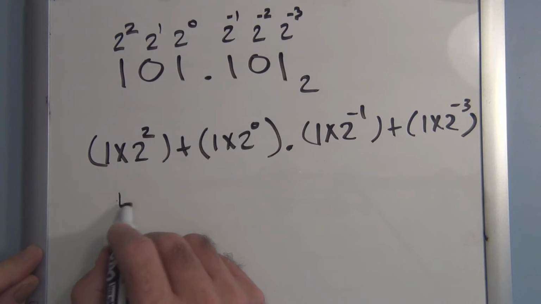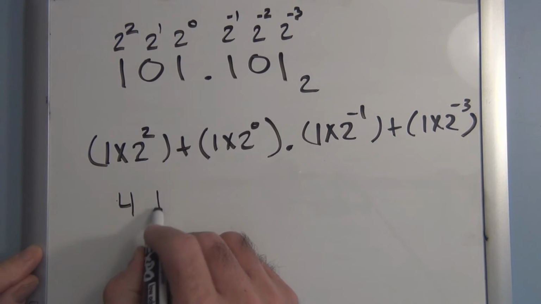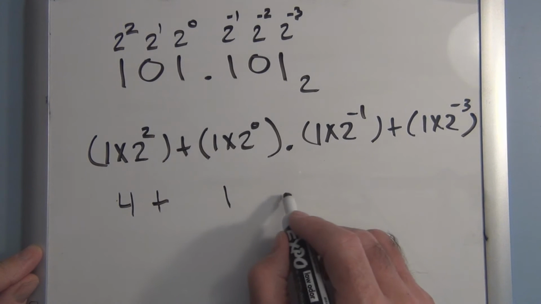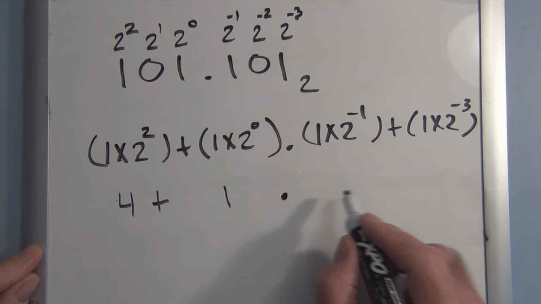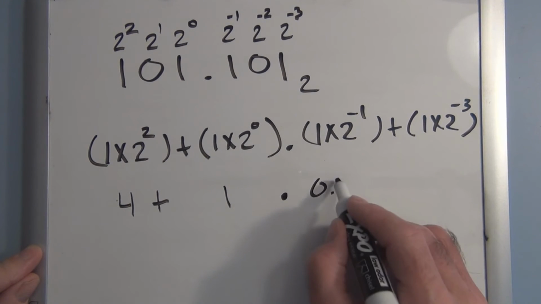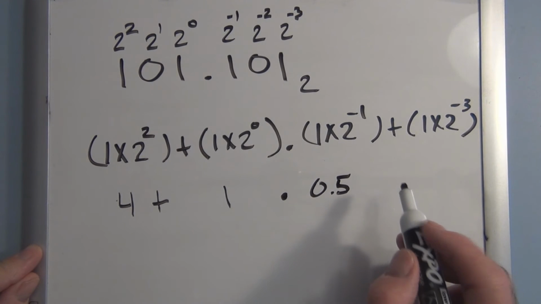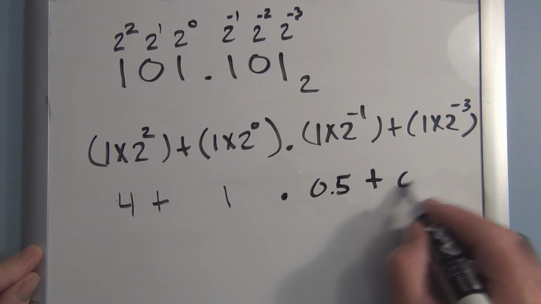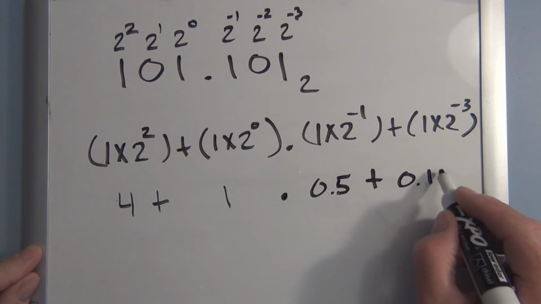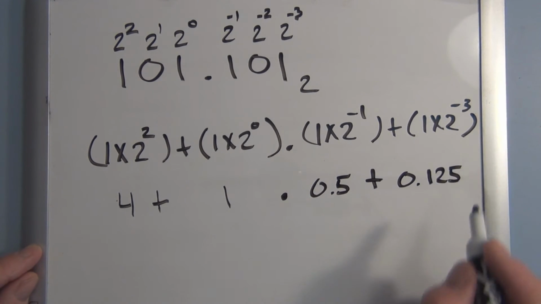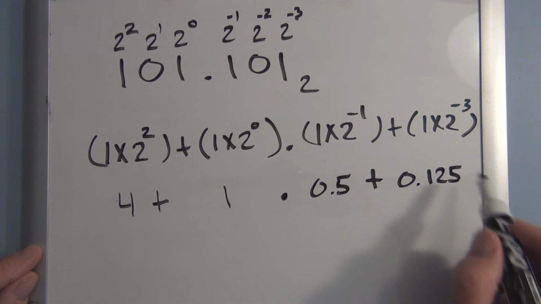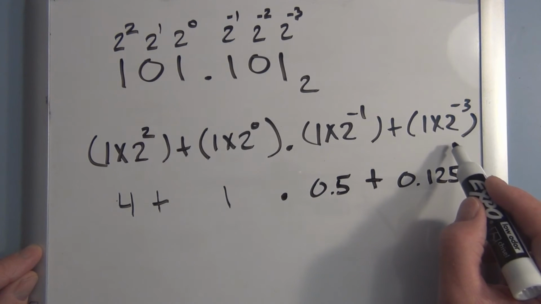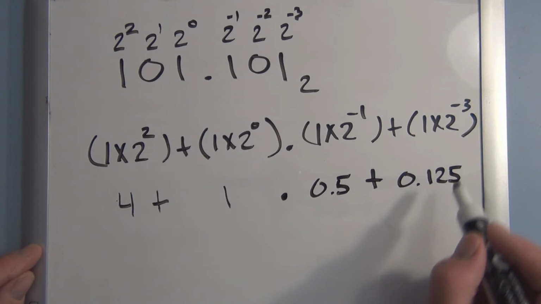So we have 4 plus 1, and to that we'll add 0.5. So we have 1 over 2 plus 0.125, which is the decimal equivalent of 1 over 2 to the 3, or 1 over 8.